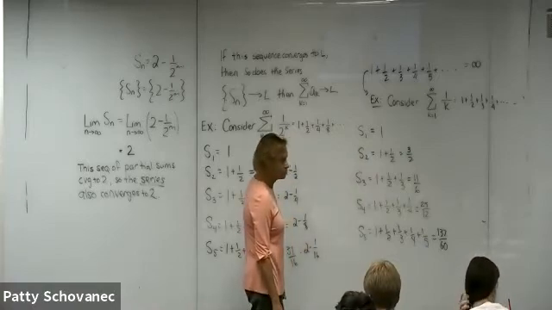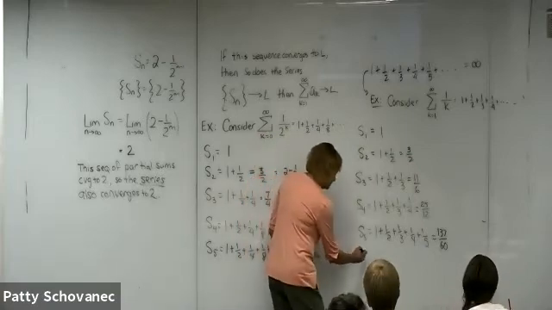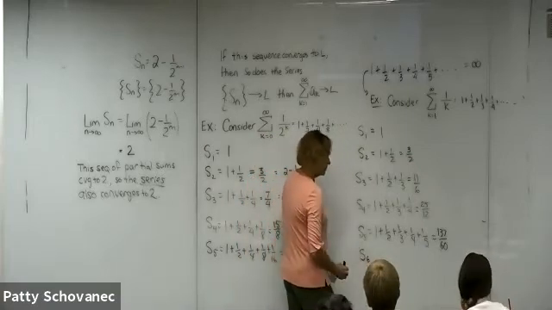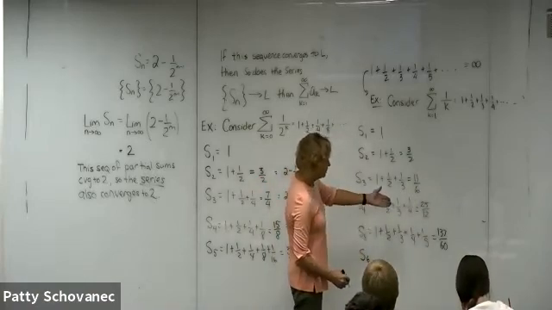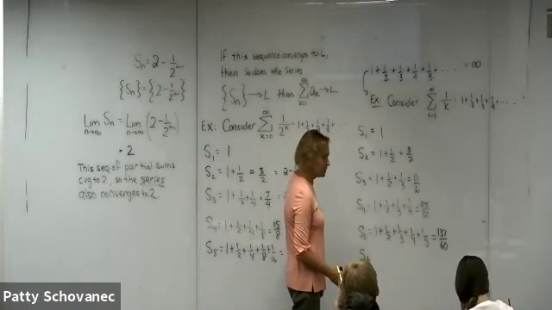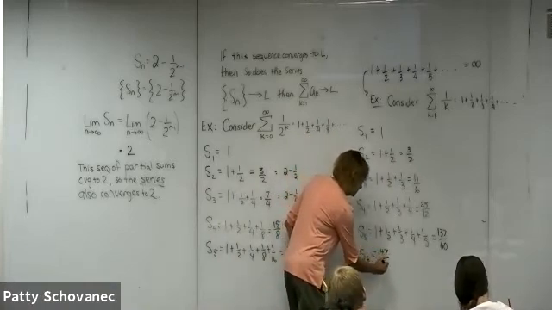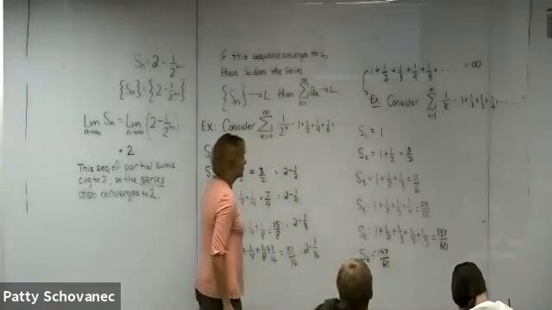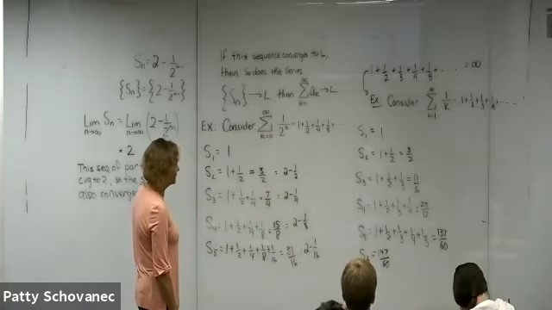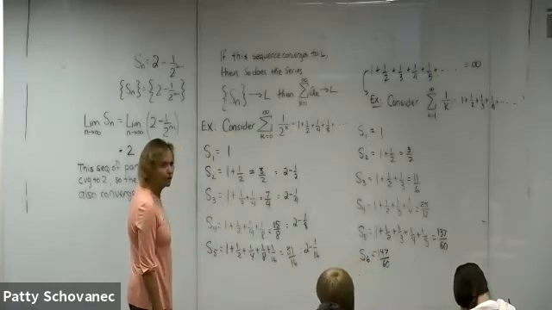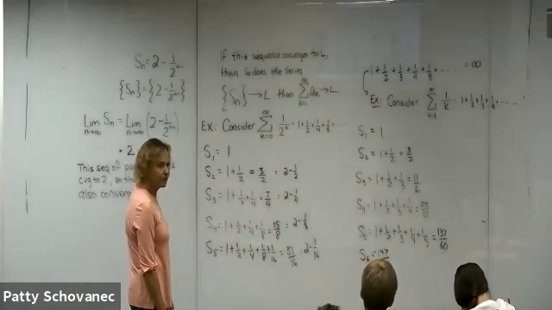The next one's going to be that plus 1/6, so it's going to be 147 over 60. But they're getting bigger and bigger, right? I'm always adding a bigger number on here.